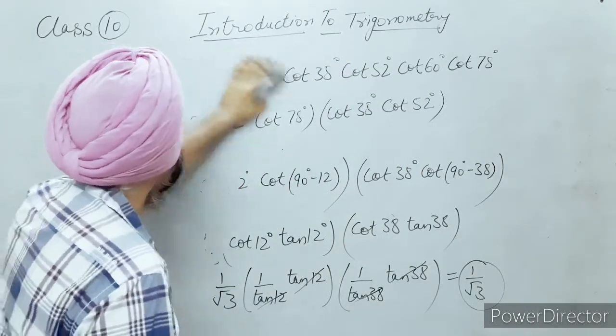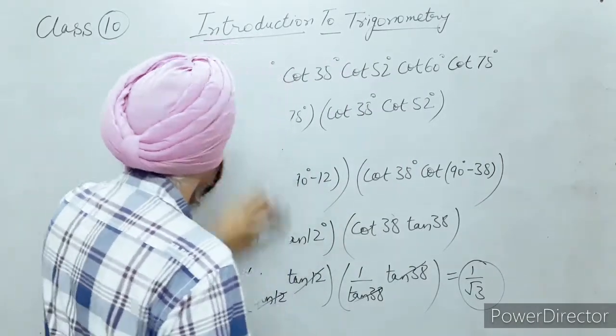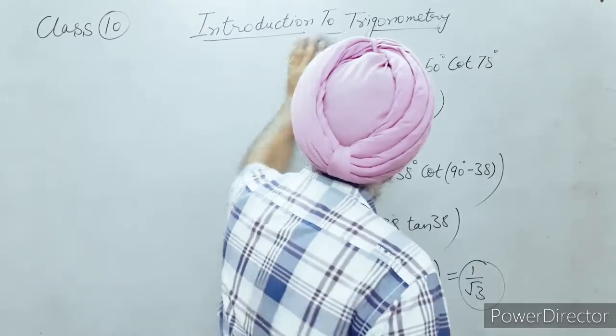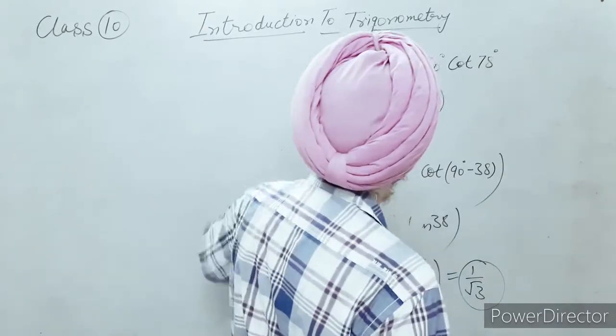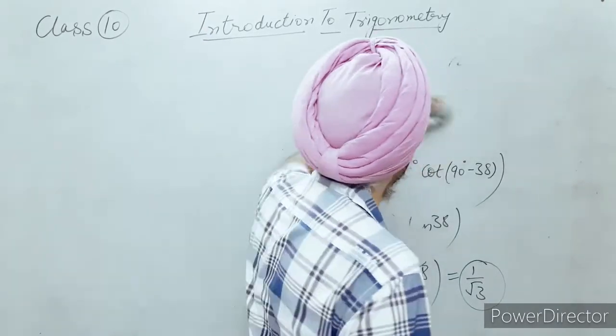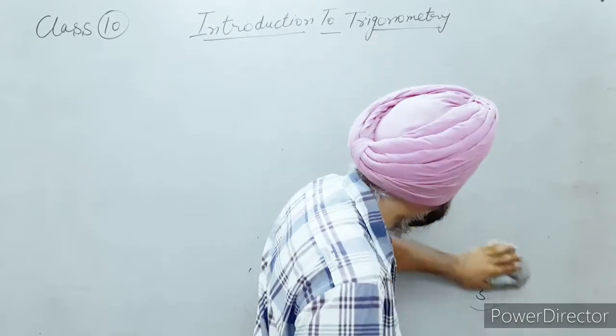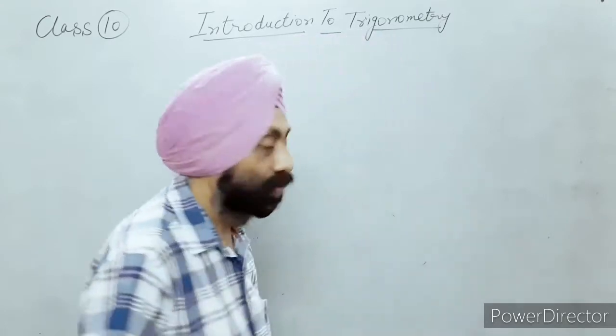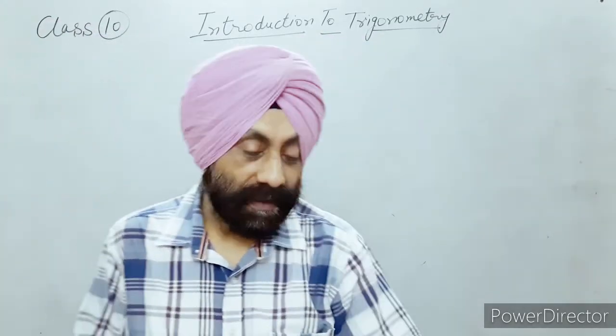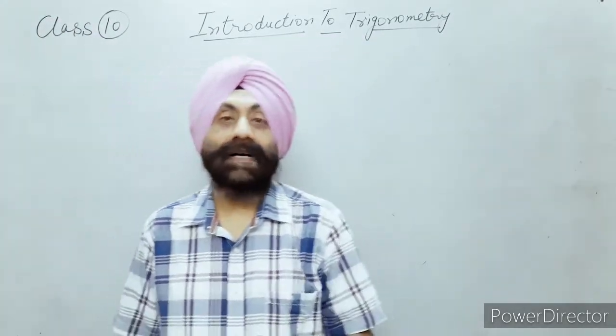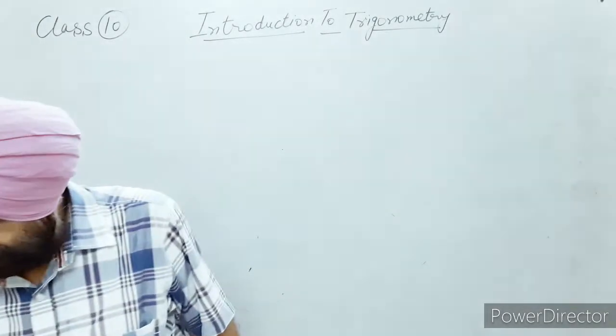This was another type of sum which we can get from the topic of trigonometric ratios of complementary angles. They usually come as a 1 mark or a 2 mark question in your exam.